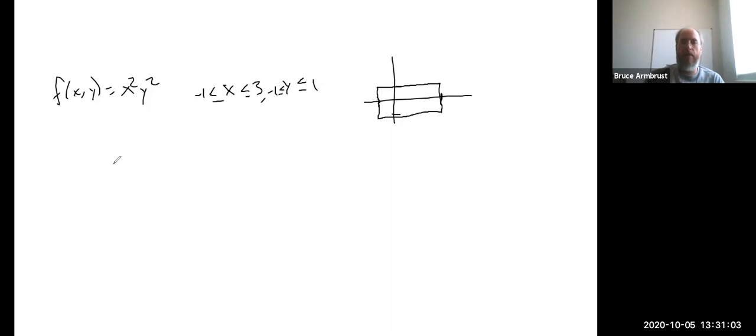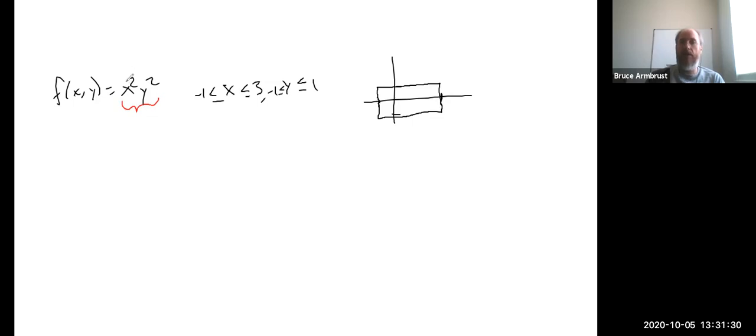For this one, we're going to have to be smart about it. We're going to have to look at this function and think about what happens as our x's and y's jump around in here. So first of all, let's talk minimum. Since these are both being squared, I'm not going to get any kind of a negative number out.